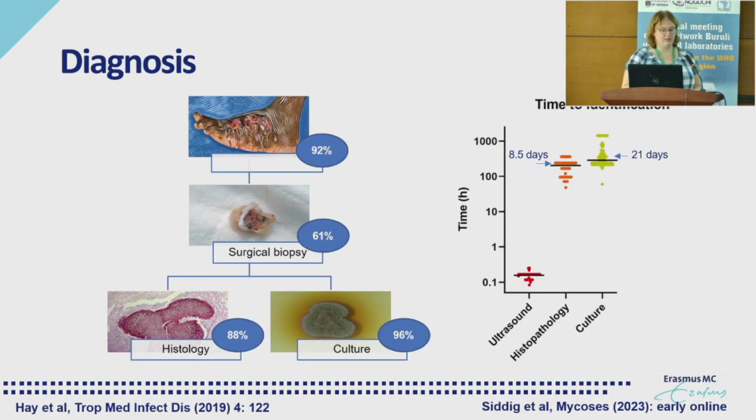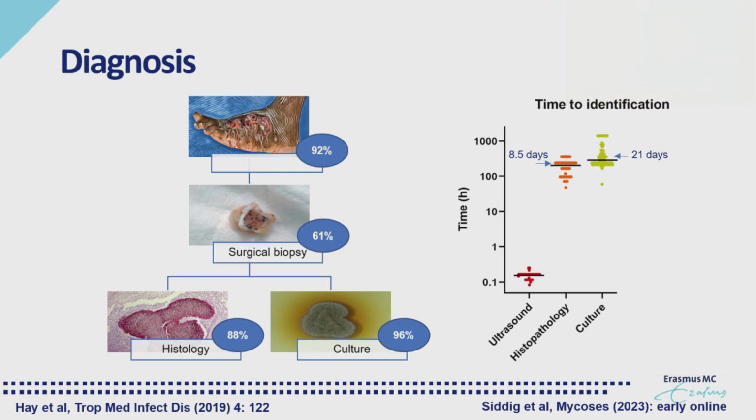So traditionally, the diagnosis is done clinically, as you can see over here. Then a surgical biopsy is taken to obtain the grains where the organism can be found. Histology is done in most of the labs, and culture too. And based on the culture characteristics, the identification is made.